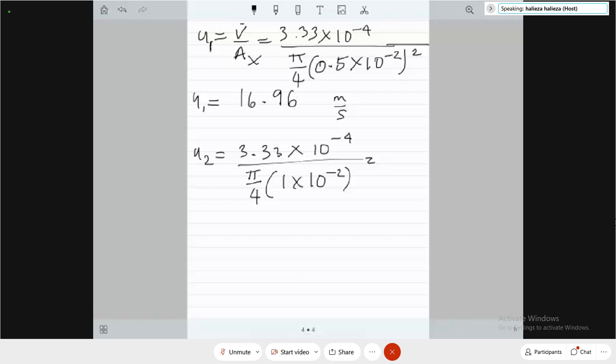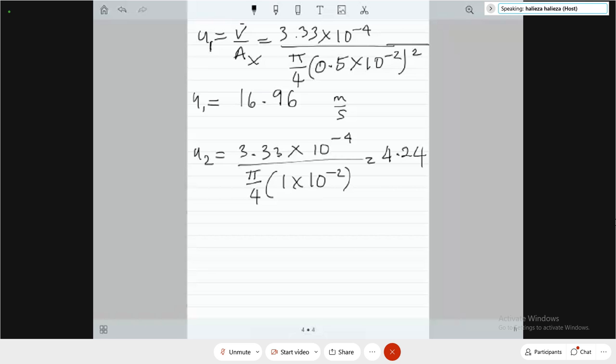Can you give me the second velocity, please? Still calculating. Anybody give me a value, please? 4.24. Thank you, Muhammad Ikmal. Yeah, meter per second. I don't have enough space to write the unit.